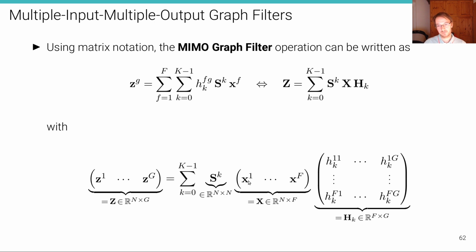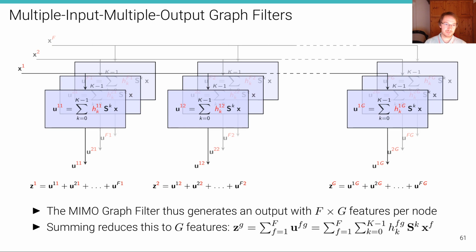And then we have an input signal that's N times F. So for every one of these N nodes in the graph, we have F features. And then we have this filter matrix H_k, which is F times G. So overall, we obtain a matrix of dimension N times G. And this is exactly equivalent to this formulation.